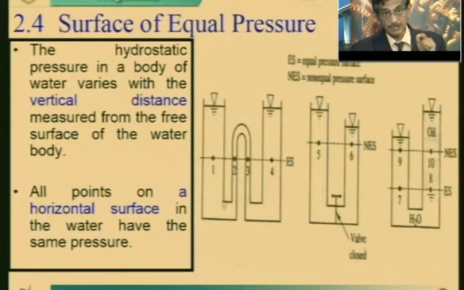If the liquid is the same at 1, 2, 3 and 4, let me repeat the arrangement. There is a tank on the left side, a tank on the right side, and an inverted U-tube in which the same liquid is filled. Point 1 is at a distance of, say, 5 centimeters, and 2, 3 and 4 are each 5 centimeters as well.